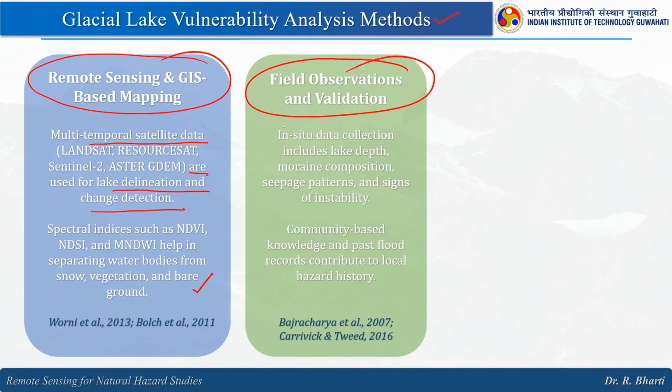Then comes field observation and validation, because whatever we extract from remote sensing data has to be validated in the field. Only then will you be confident about your results.